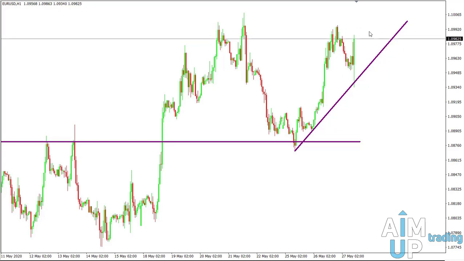What's interesting here is that there is news going on now on Euro USD, and this is why this candle looks kind of weird, with a huge wick and a huge body as well. That's why we're not going to be entering any trades right now.